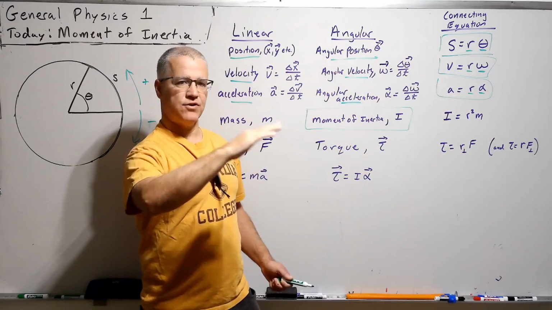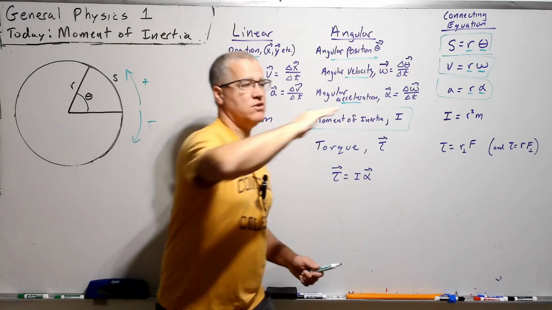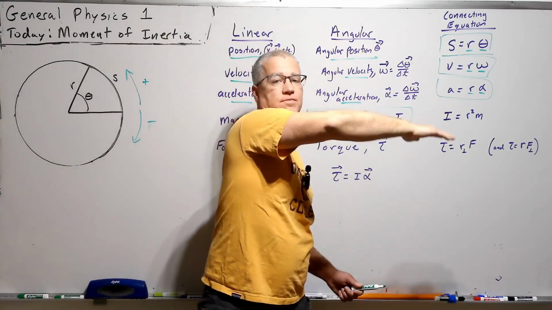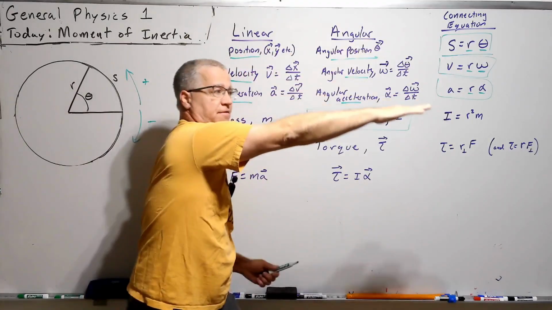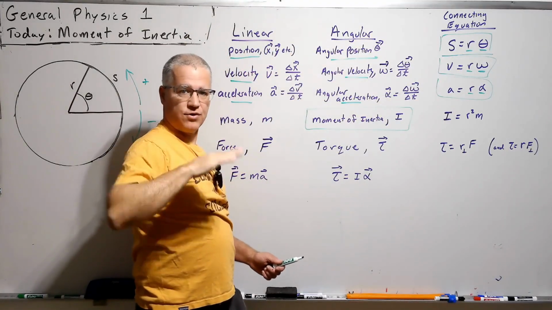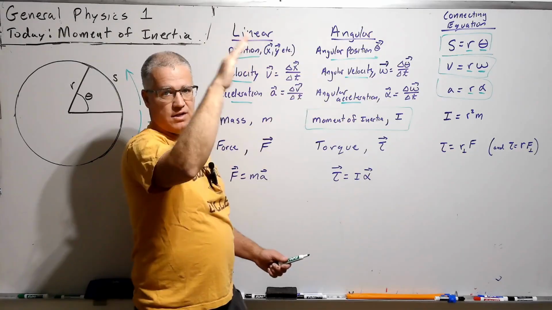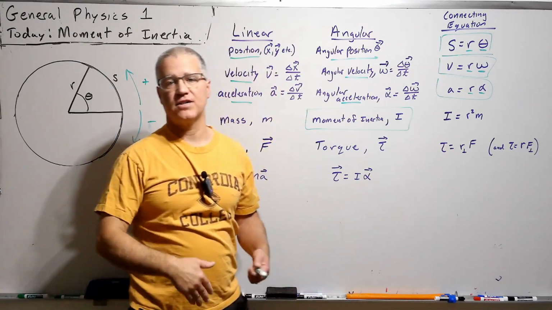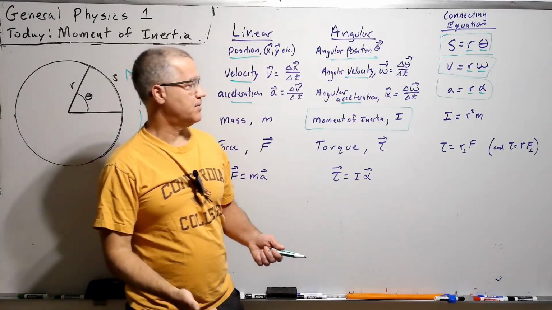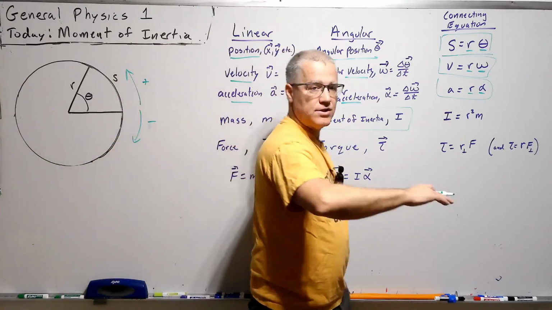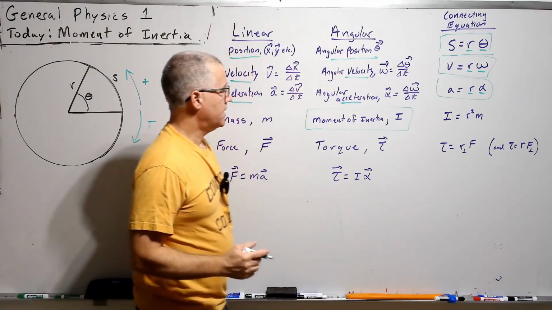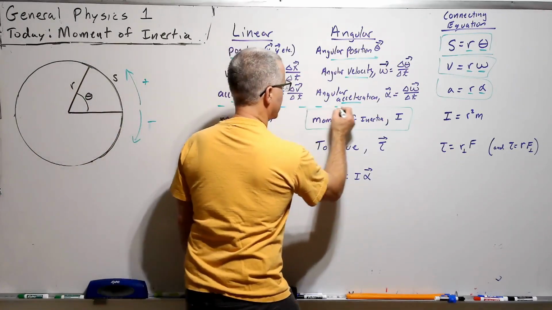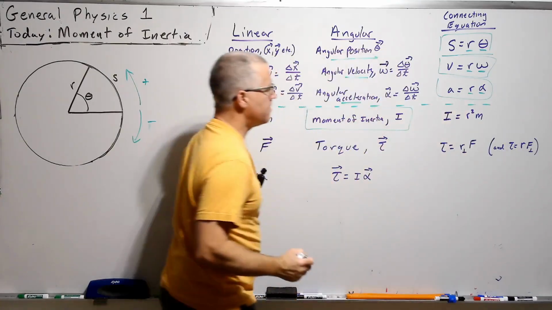So if we're traversing this angle, if we're on a long radius, then our arc length has to be much further, say the tip of my finger is much further than if I'm on a short radius over the same angle. And so therefore the velocity has to be faster, the acceleration has to be more if we traverse this in a certain amount of time. Okay, well that's our kinematic variables here.